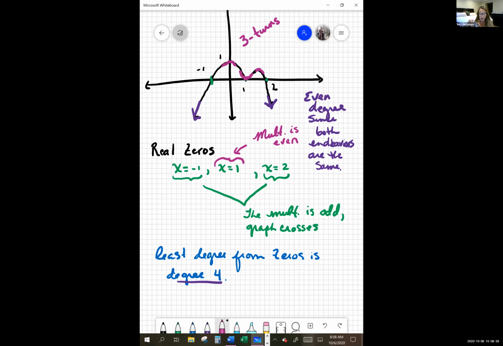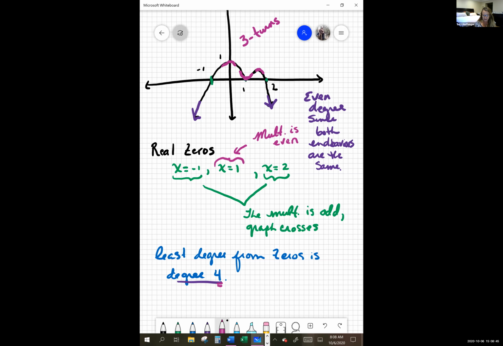So the most number of turns was the degree minus 1. And so if we had a degree 4 and we subtracted 1 from it, that gives us 3. And so that matches that the least degree it could be would be degree 4.